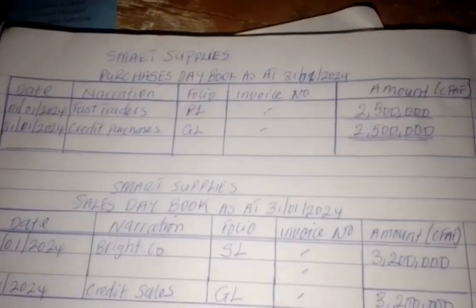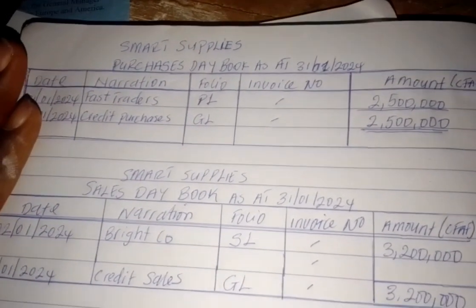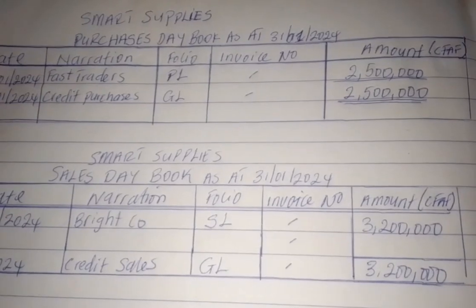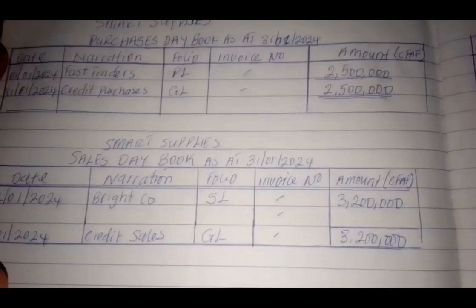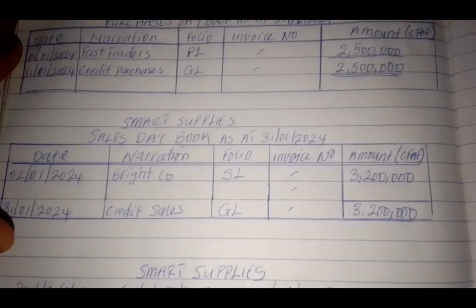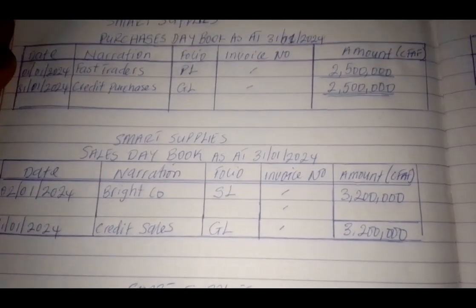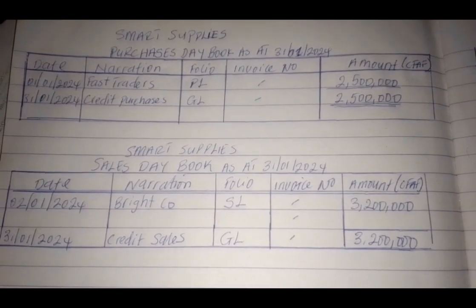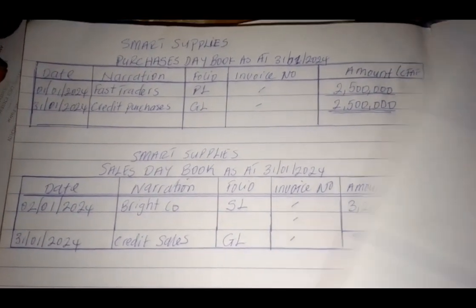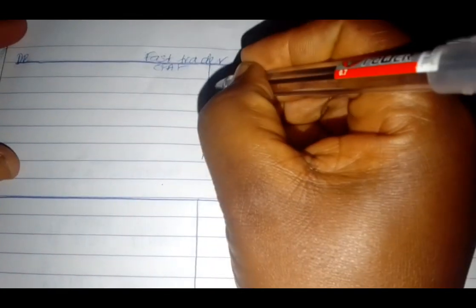Now, this Fast Traders, the first account where it is found is in the purchases day book. All the purchases of an enterprise are debited because they are the main expenses of the enterprise. They increase on the debit side and decrease on the credit side. So since the purchases account is debited, we are going to apply the double entry principle, and this Fast Traders is a supplier, so we are going to credit Fast Traders.